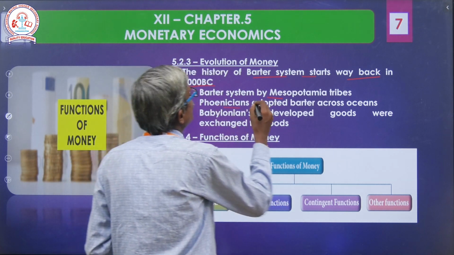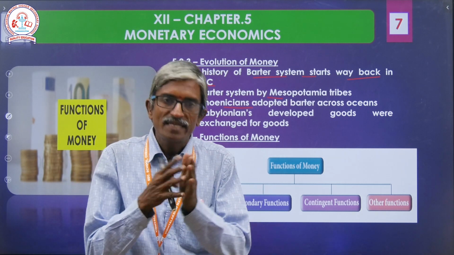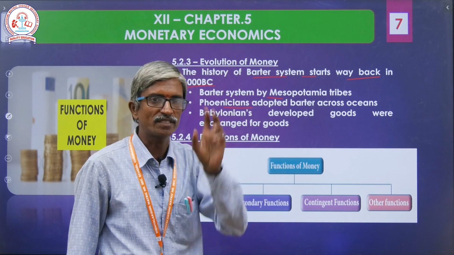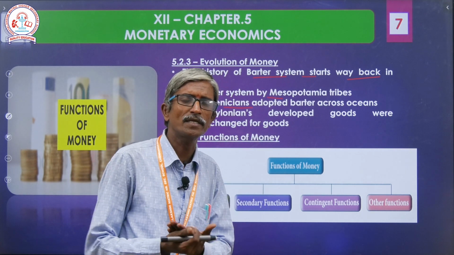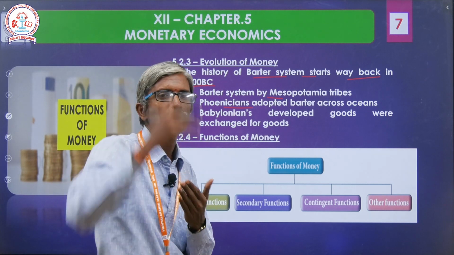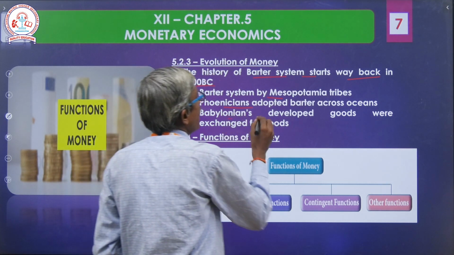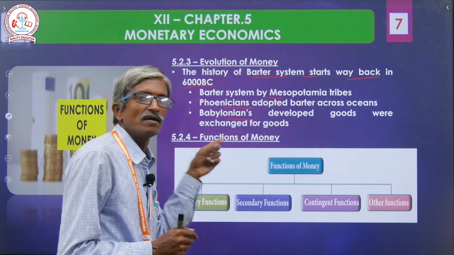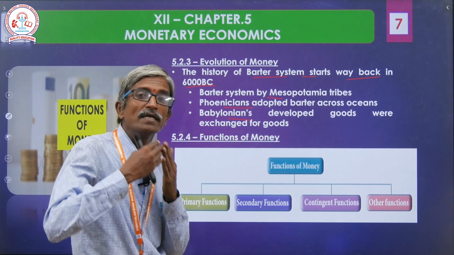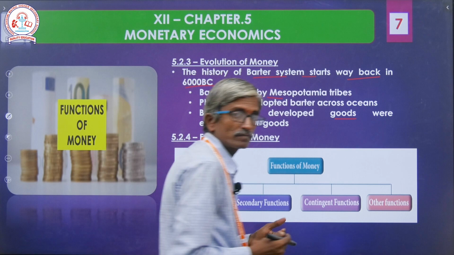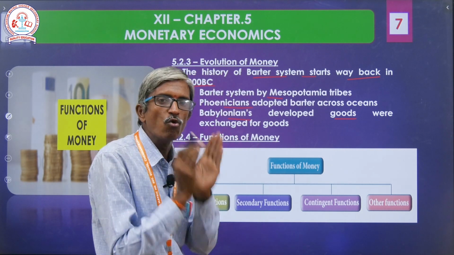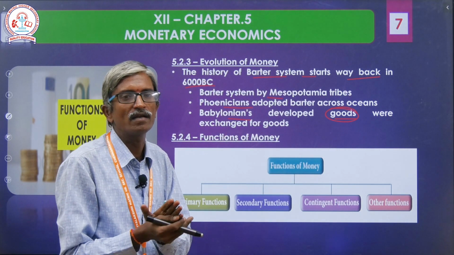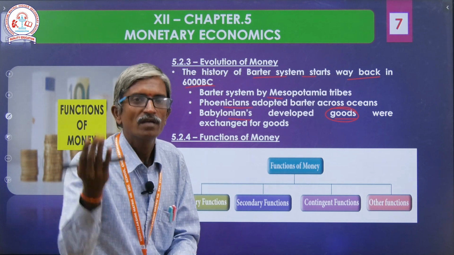Then the next one, Phoenicians adapted it and developed it across the oceans. First it was introduced by the Mesopotamians, but the credit goes to the Phoenicians, who crossed their boundary and crossed the ocean. Next, Babylonians developed it further. They developed goods as an important article for exchange: I will give this, I need this.